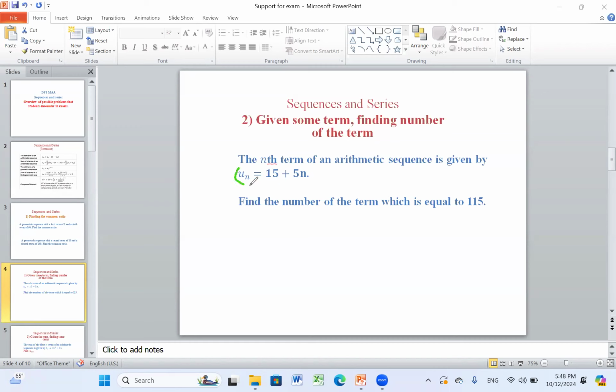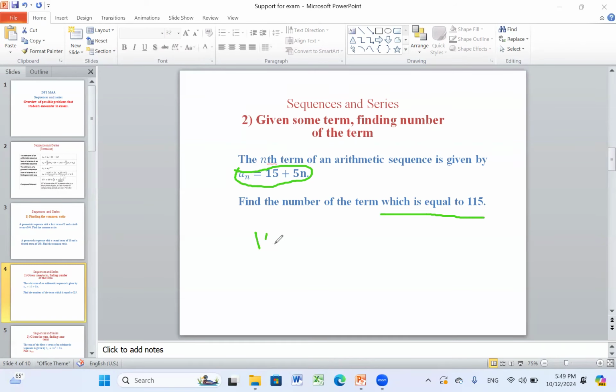Actually, if we are given Un, then we can find all components here. We can find the first term, the second term, the difference. We can use the sum formula here. Consequently, we can do one or two steps to find it. So our term is equal to 115.